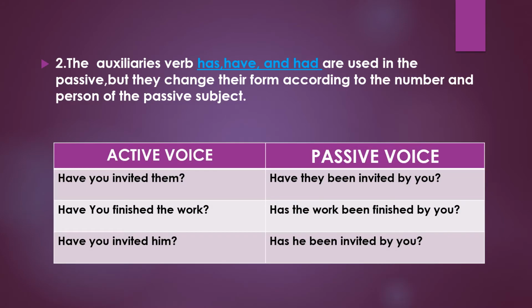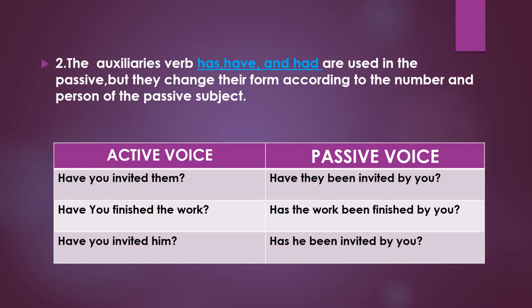For example, have you invited them? If the question begins with these auxiliary verbs, for example, have you invited them, this is an interrogative sentence. It starts with the auxiliary verb have. When we change it into passive voice, it changes form according to the number and person of the passive subject.